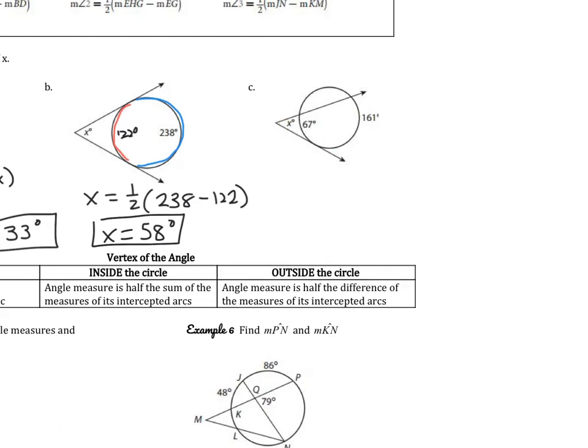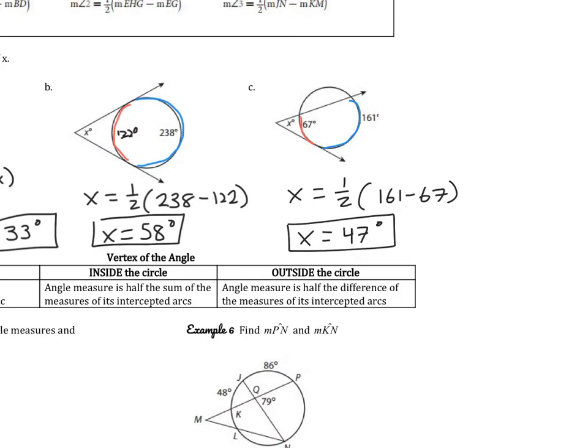So again, the measure of the angle formed, which in this case is x, should be 1/2 the difference of the two intersected arcs. So 161 minus 67. So here we get x equals 47 degrees.